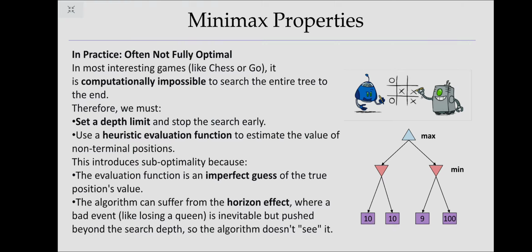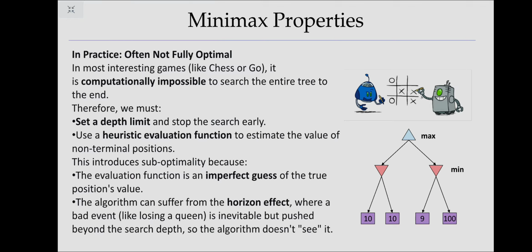Because of that, we can define some imperfect guess instead of the exact utility to compare the utility of nodes. But this new attempt causes a new problem, namely the horizon effect. Please pay attention to the horizon effect.